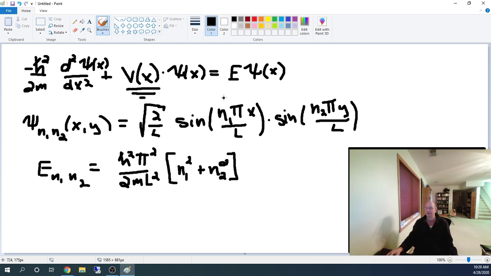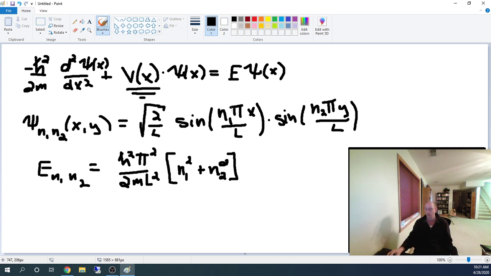But notice that that's a different wave function, because when n1 is equal to 1, the x dependence is sine of pi x over L, and when n2 is equal to 2, it's sine of 2 pi y over L, so the y dependence has the 2 pi in it. If I switch them, the x and y dependences are different.